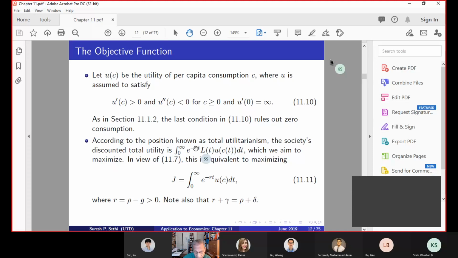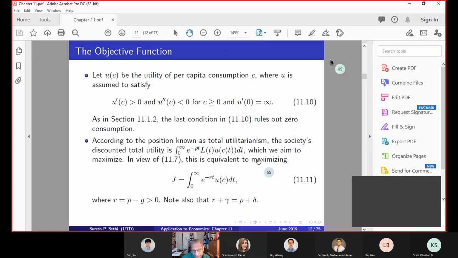Okay, so I can define R to be rho minus g, because I'm going to take minus R, because e to the minus Rt. And L0 is fixed in this model, so I'm actually maximizing this, where R is given by rho minus g.